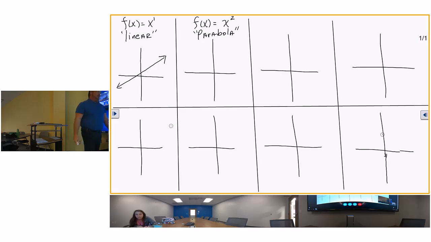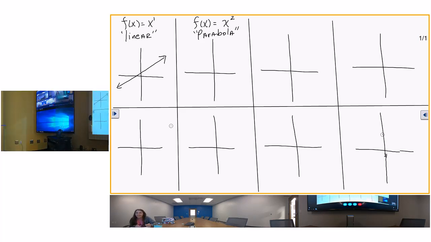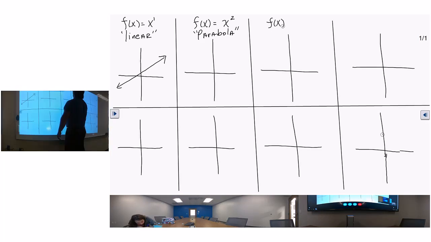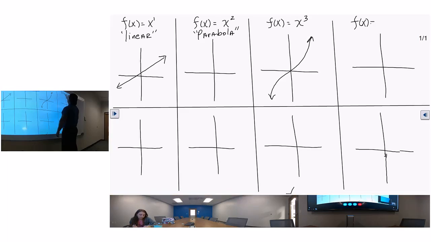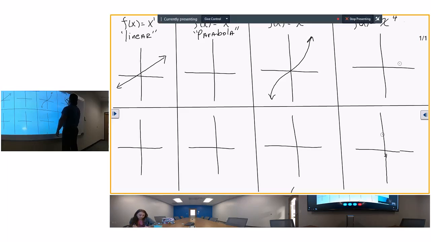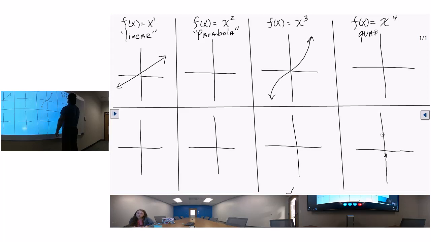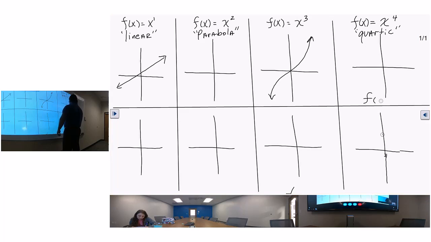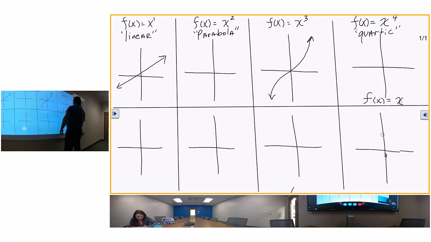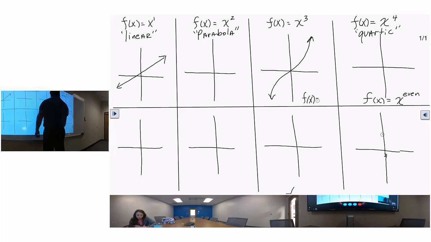It's a parabola. Okay? F of x is equal to x to the third. F of x is equal to x to the fourth. This is called a quartic. It's also f of x is equal to x to the even power, where this is f of x is equal to x to the odd power.